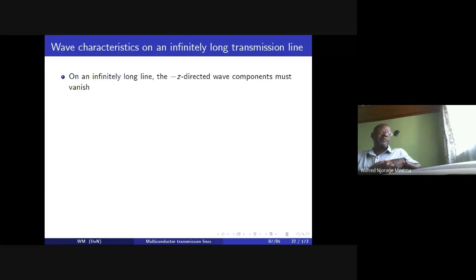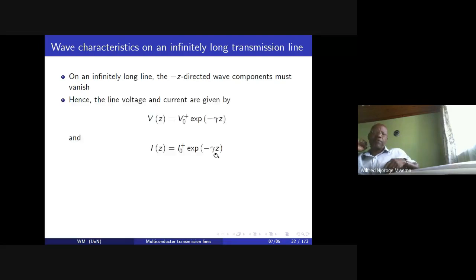So if the line is infinitely long, then there will be no chance, if we are just sending the wave from the left, that we are going to develop a wave propagating in the opposite direction. That is, all the negative z-directed wave components will have to vanish on that line.